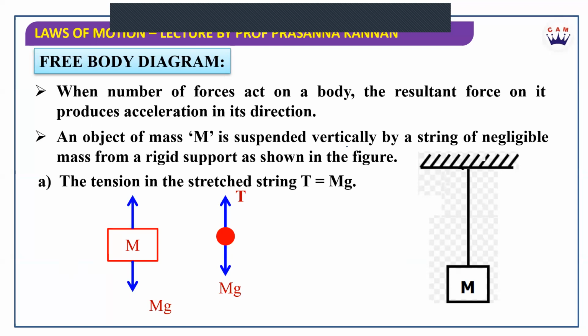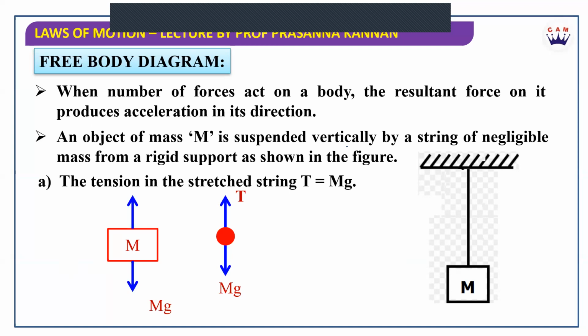So when a number of forces are acting on a body, the resultant force is calculated, which is going to produce an acceleration. Do you remember yesterday? The lift was coming down with acceleration a. So what did I do? mg acting downwards on the bulb. Upward force was what? Tension. Outside I wrote what? Acceleration. So mg minus tension is equal to ma. Do you remember? Yes. Same thing. That is what is mentioned here. So when a number of forces act on a body, the resultant force. What is the resultant force in yesterday's example?